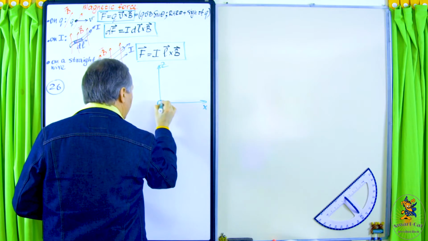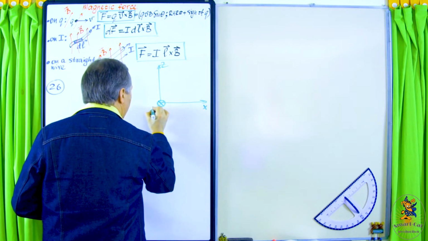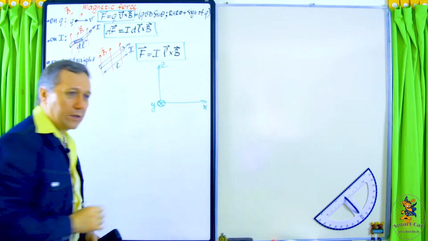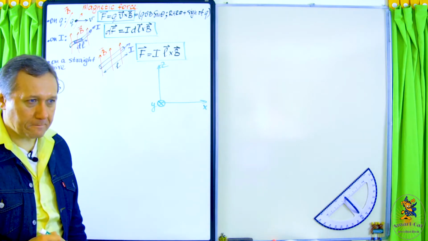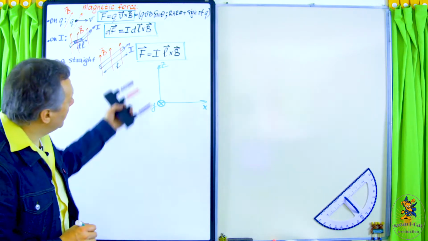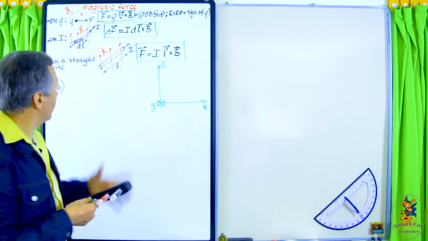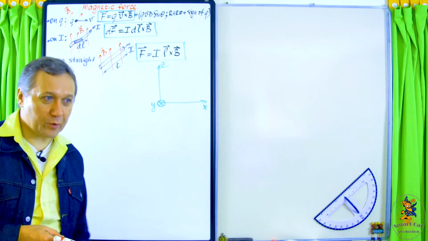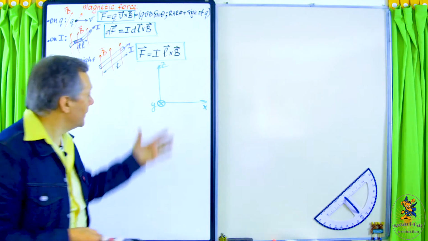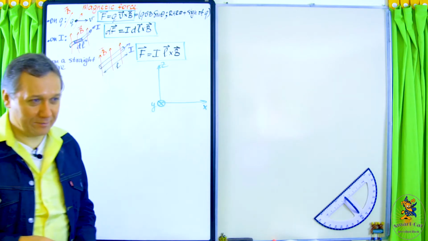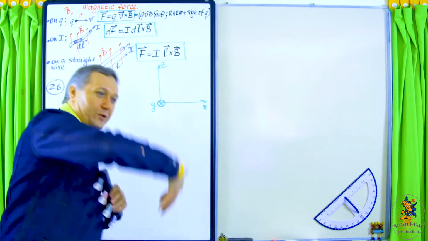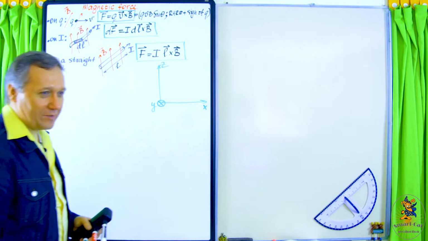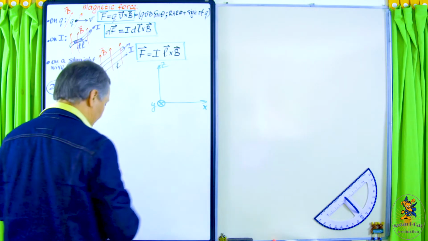Into the board is a cross. So that will be the Y-axis. It's just for our problem, this orientation of axes is more convenient because our particle is going to fly in the XZ plane. That's why I turned the coordinate system into this position.